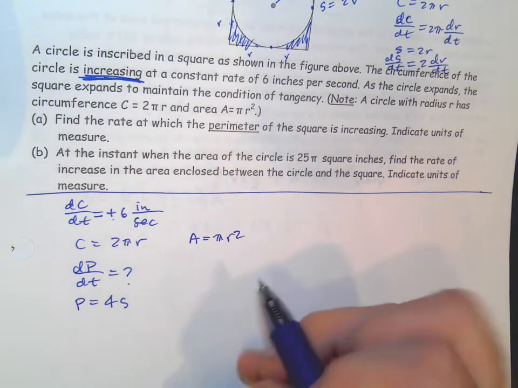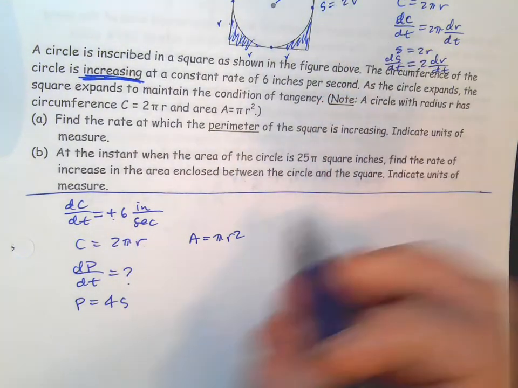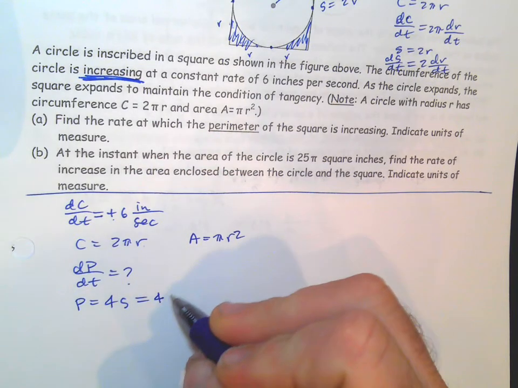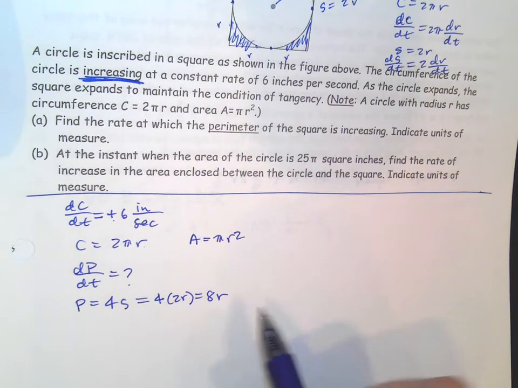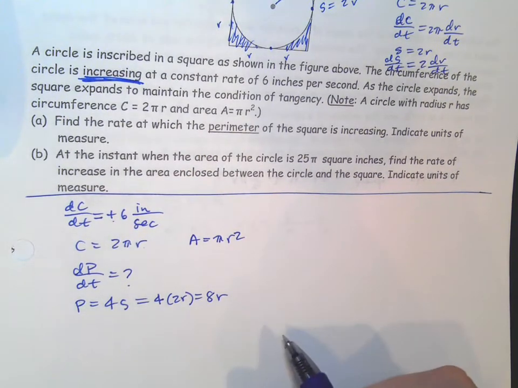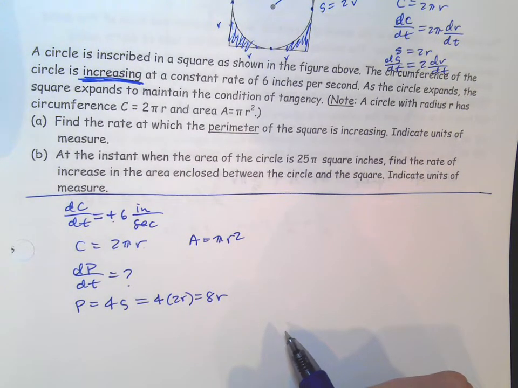And then since each side of the square is 2 r's, if we had dr/dt, we could find dP/dt. So I think we're going to start with trying to find dr/dt.